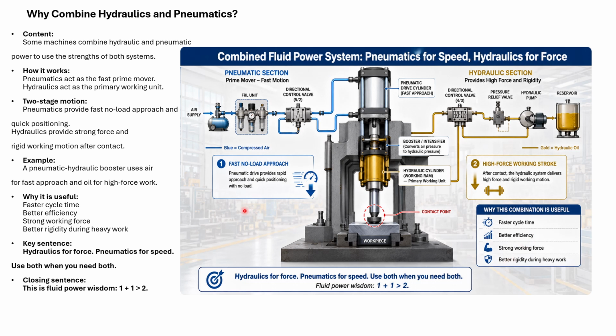It gives quick, no-load movement and fast positioning. This is useful when the machine needs to move quickly before it contacts the workpiece. After contact, the hydraulic section becomes the primary working unit.